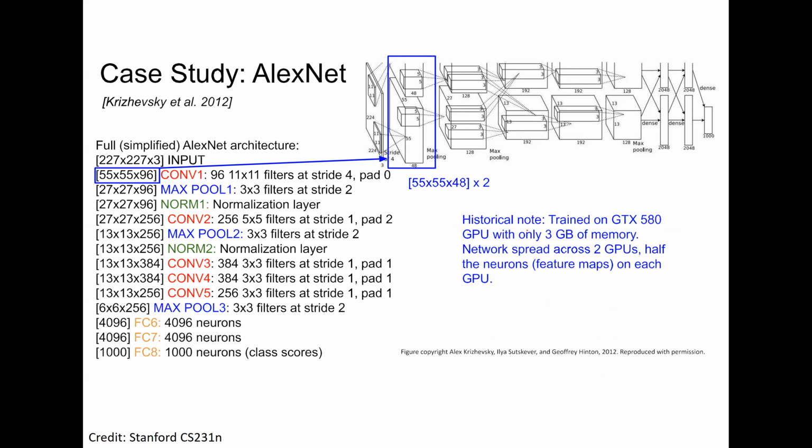Okay, and historically, they trained this model on a GTX 580. Nowadays, we have A100, H100, this kind of huge and gigantic GPUs. And we have 80 GB of memory. However, at the time, this GPU had only 3 GB of memory. And they used 2 GPUs and put half the neurons on each GPU.